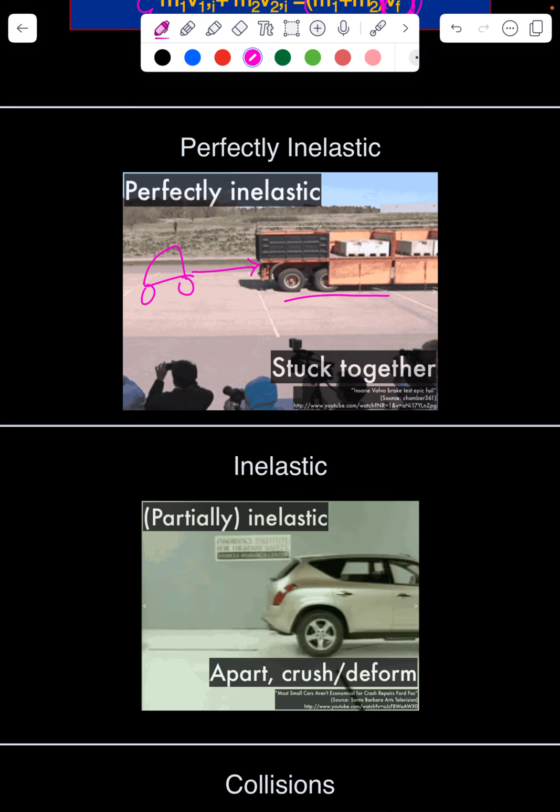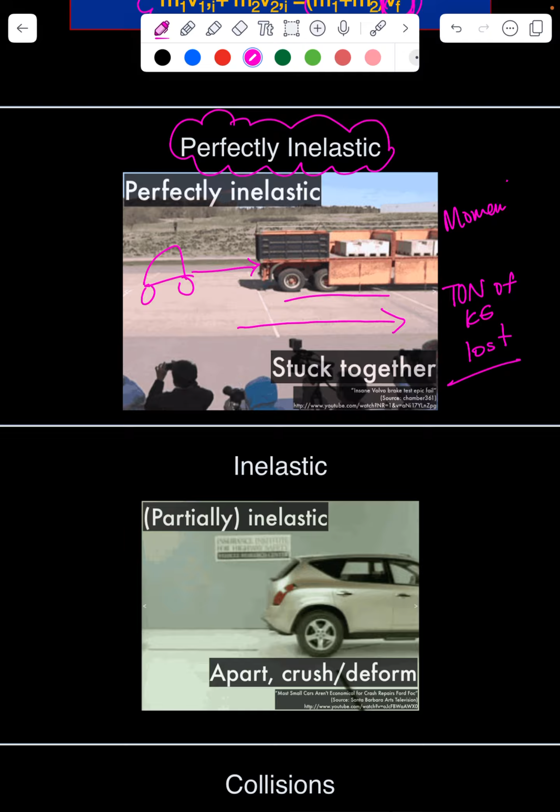Both of them move as one object together. That is a perfectly inelastic collision. Whenever they stick together, a ton of kinetic energy is lost. Momentum is conserved.